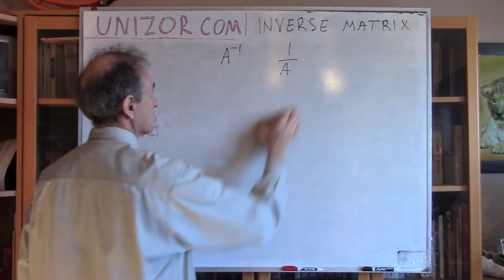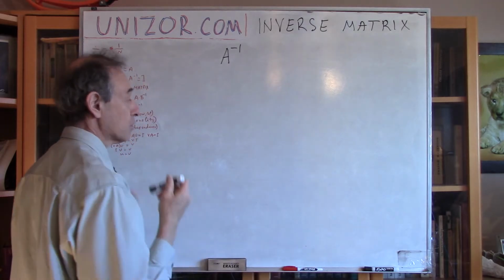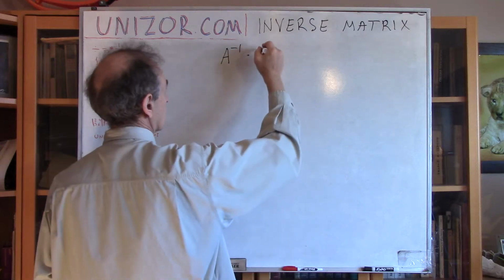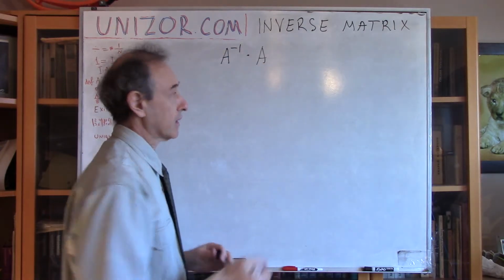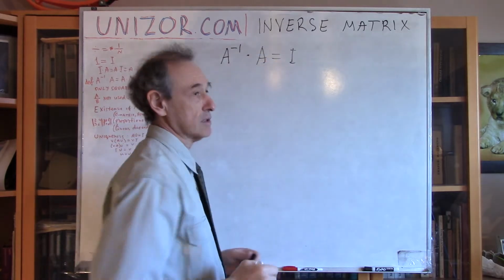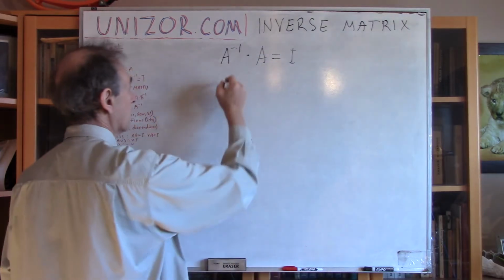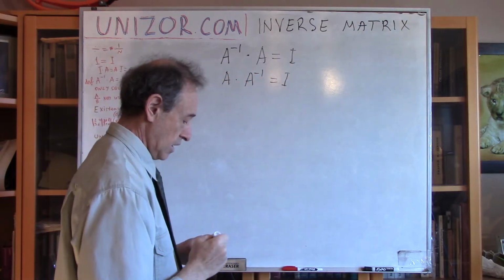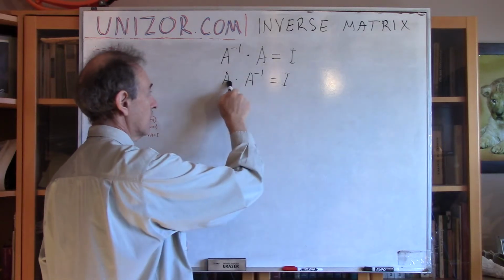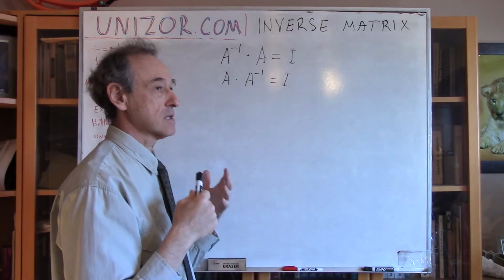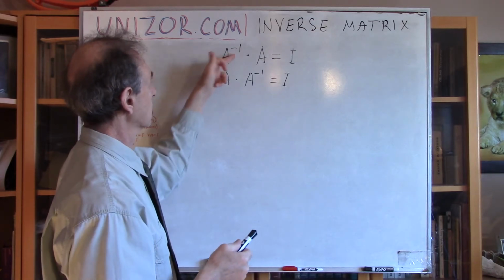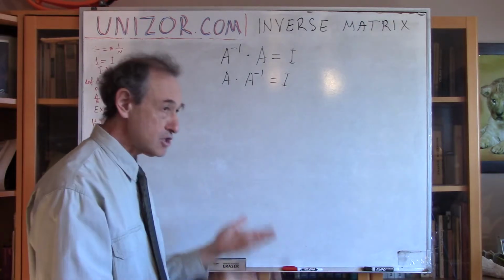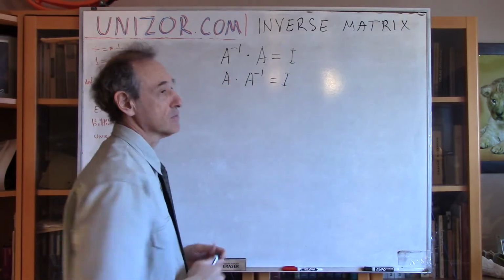But in any case, this is an inverse matrix, and we would like this matrix to have the property, if it's multiplied by the original matrix, it will give the identity matrix. And it's supposed to be on both sides. So, for a matrix A, the inverse matrix is the matrix which we symbolically note as A to the power of minus 1, with such a property that if multiplied by A, it gives identity matrix.